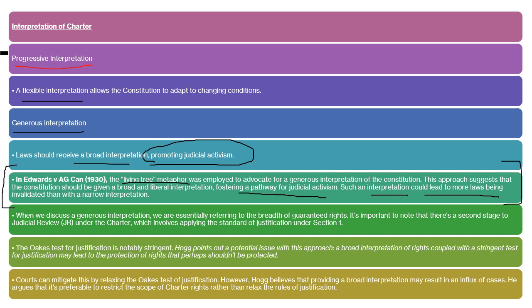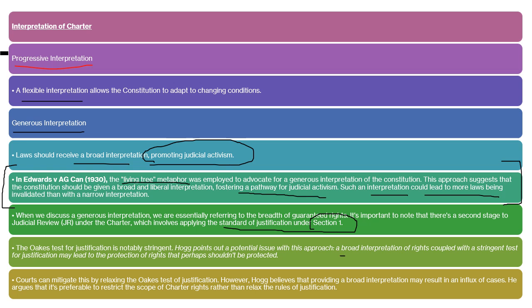Whenever we are judicially reviewing any charter right, there is a second stage which involves the justification under section 1. So the Oakes test, the section 1 test for justification, is very stringent, very strict. Peter Hogg, whose textbook we follow, points out that there are potential issues with this approach.